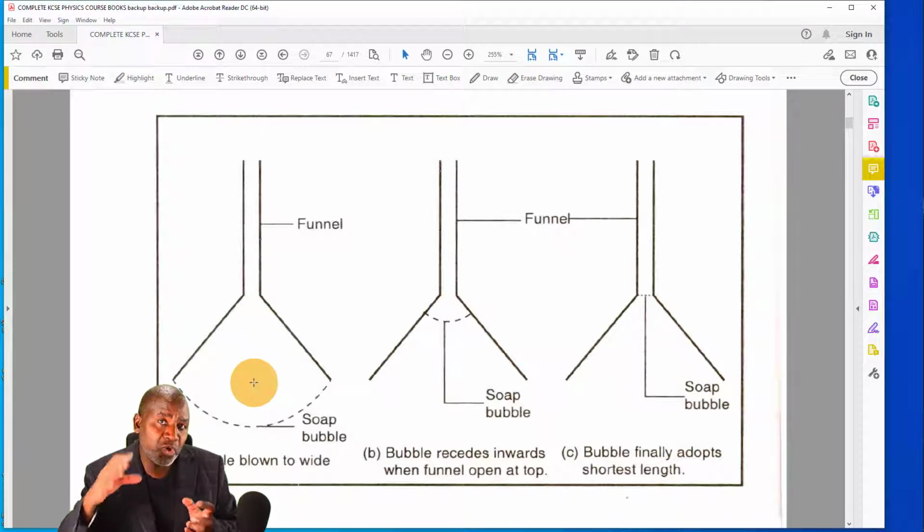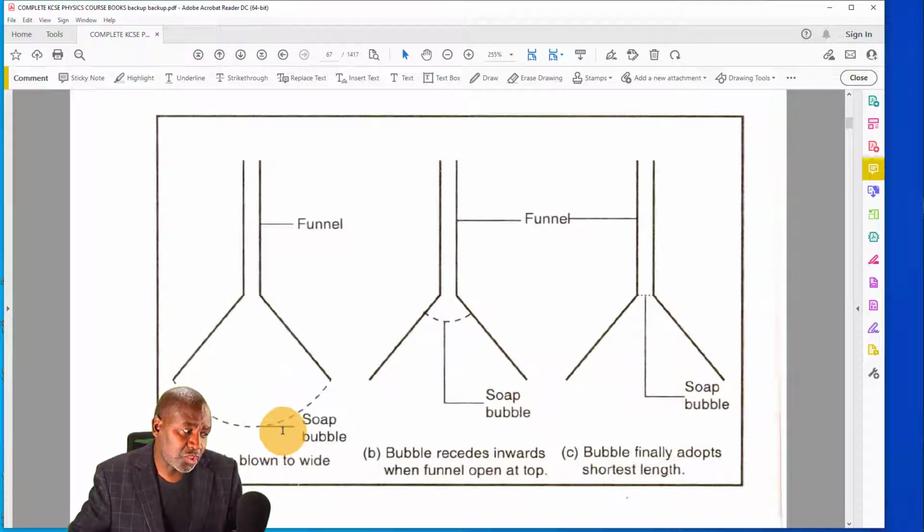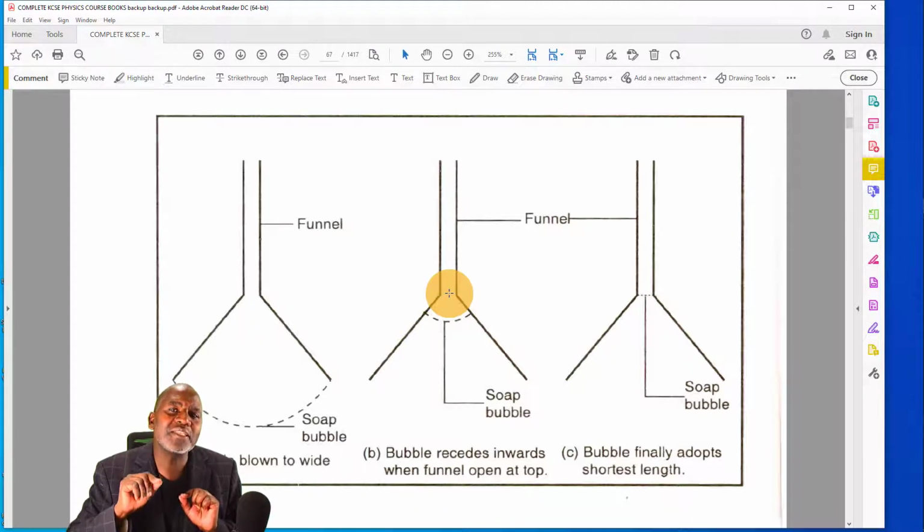And then at some point, you stop blowing and observe what will happen to this bubble. It will start to shrink inwards, and then when it reaches this point, it stops moving. Remember that surface tension tries to make the surface of the liquid achieve the smallest surface area.